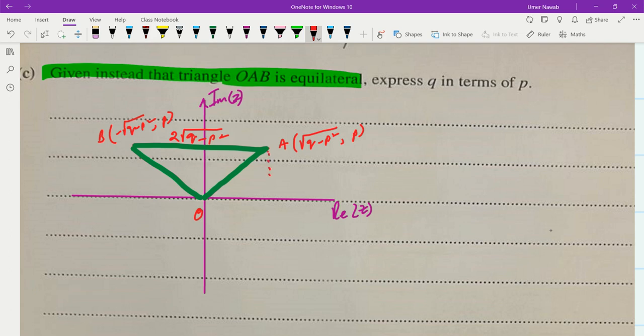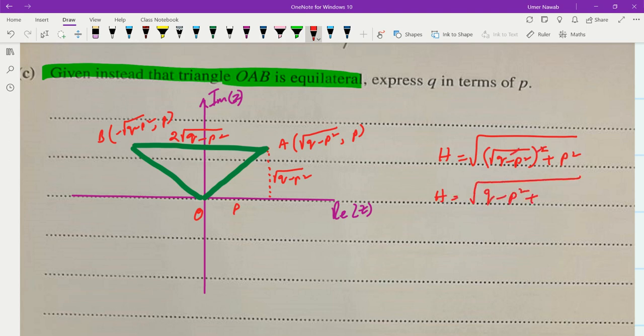So OA length, this is p, this is square root of q minus p squared. Let me apply Pythagoras. Hypotenuse squared equals square root of q minus p squared, squared, plus p squared. The square cancels with the square root, I get q minus p squared plus p squared. Wow. So I got my answer, square root of q. So every length has to be equal to square root of q.